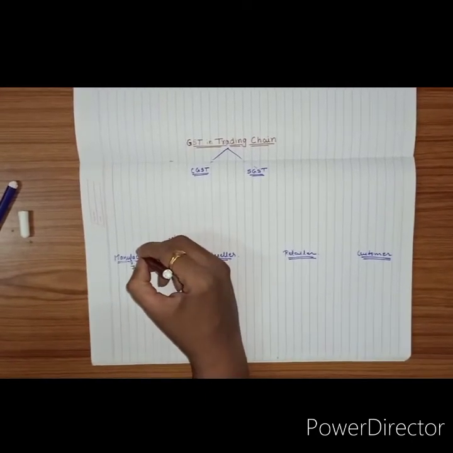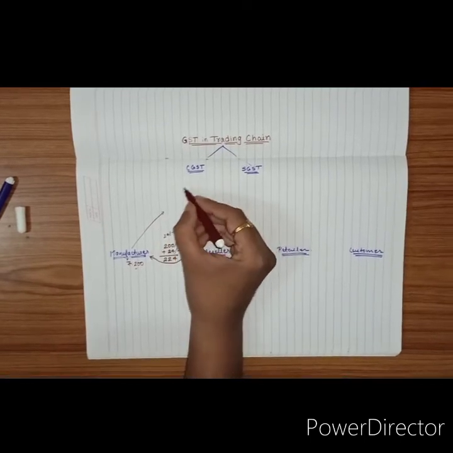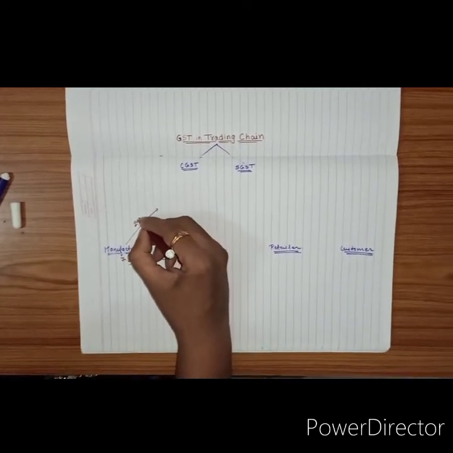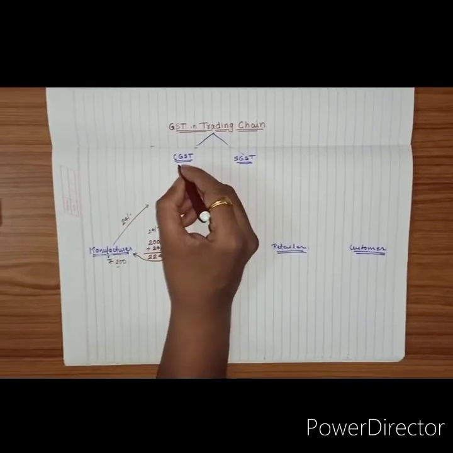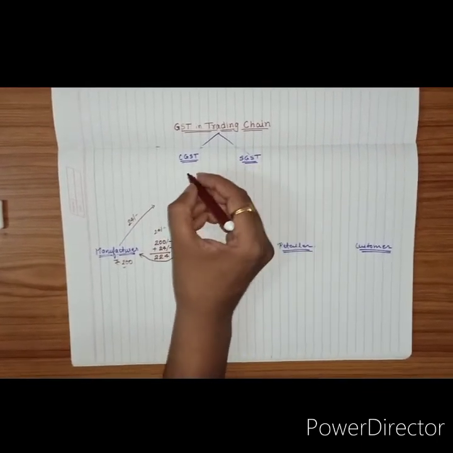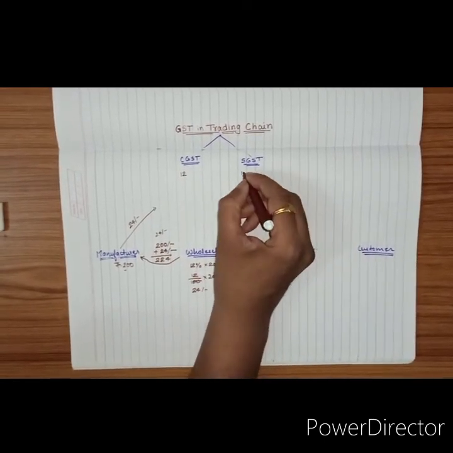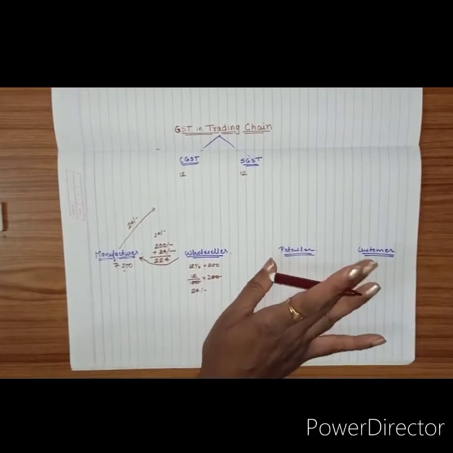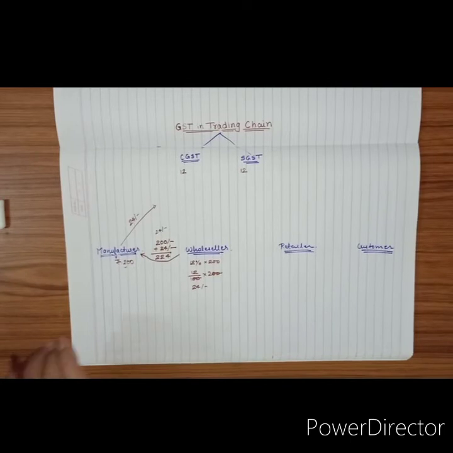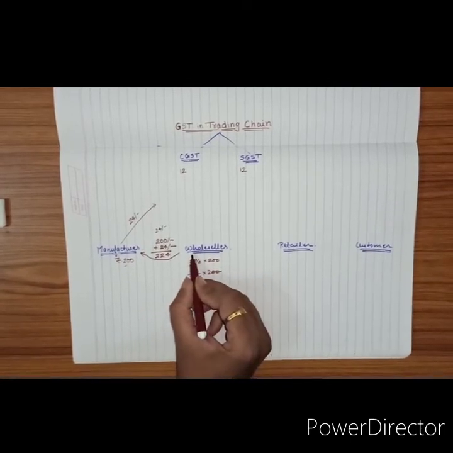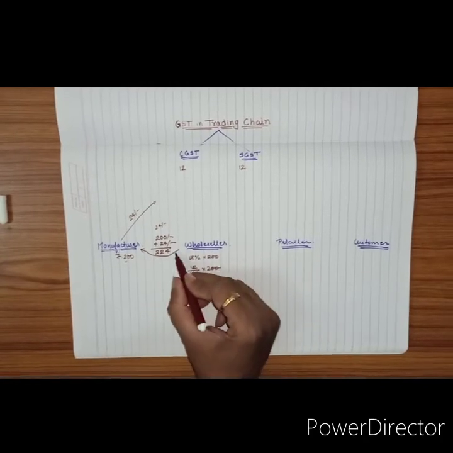So this manufacturer will give it in this CGST and SGST. How much? 24 rupees. Now this 24 rupees will be divided into CGST and SGST, which is 12 as CGST and 12 as SGST out of this 24. Understood this much?